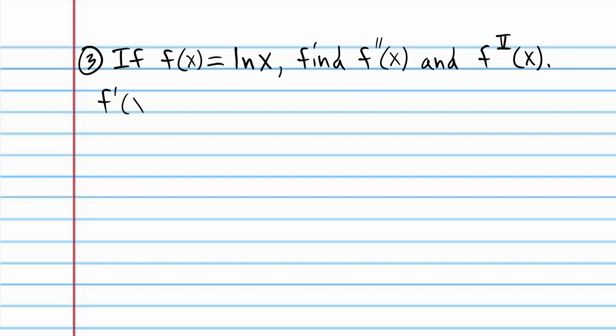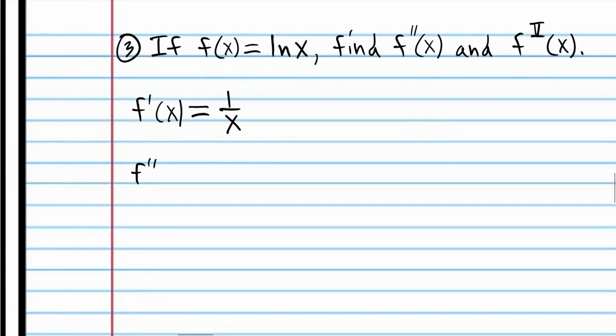Now, if you recall, the derivative of natural log x is 1 over x. So now we're going to find the derivative of the derivative. And before we do that, it's useful to change to x to the negative 1 power. You can also use the quotient rule.